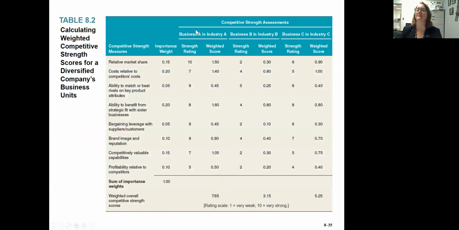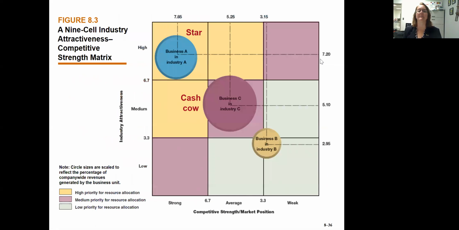Okay, so this is business A in industry A. This is business B in industry B, business C in industry C. You also can plot these into this industry attractiveness competitive strengths matrix and try to decide what to do. If it's a star, then it has a strong competitive strength and market position and a high industry attractiveness.